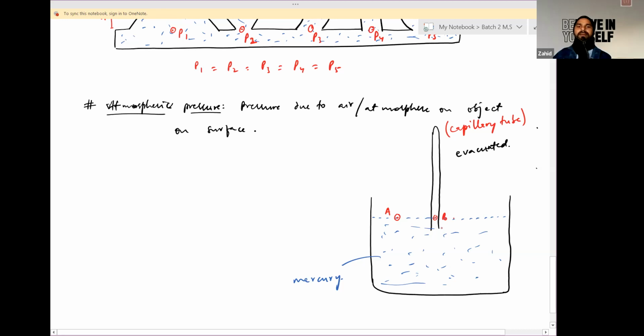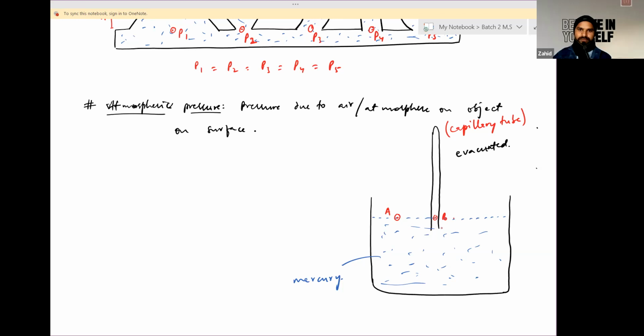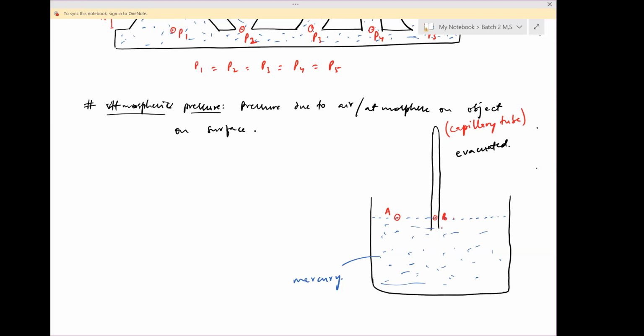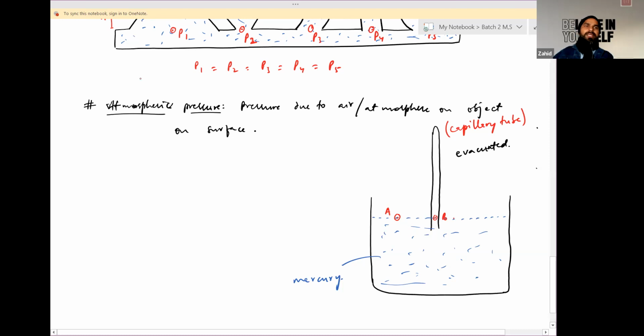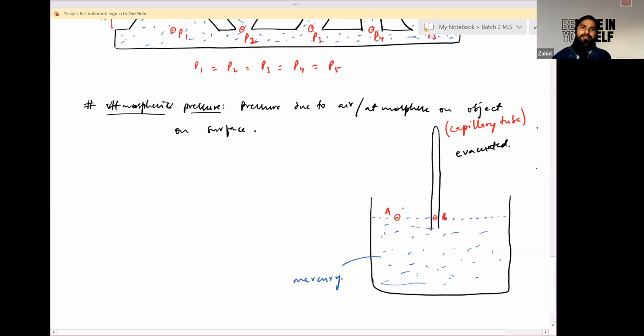So Myra, is the pressure at point A and B the same or different? Different. Which one will be larger in magnitude, point A or point B? A.